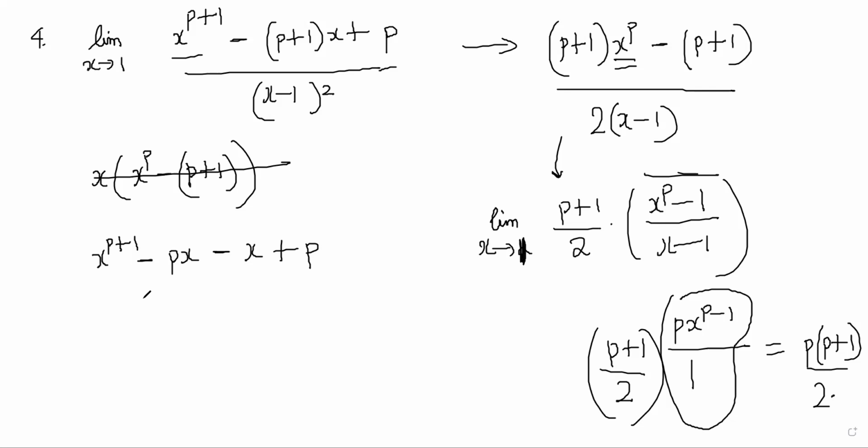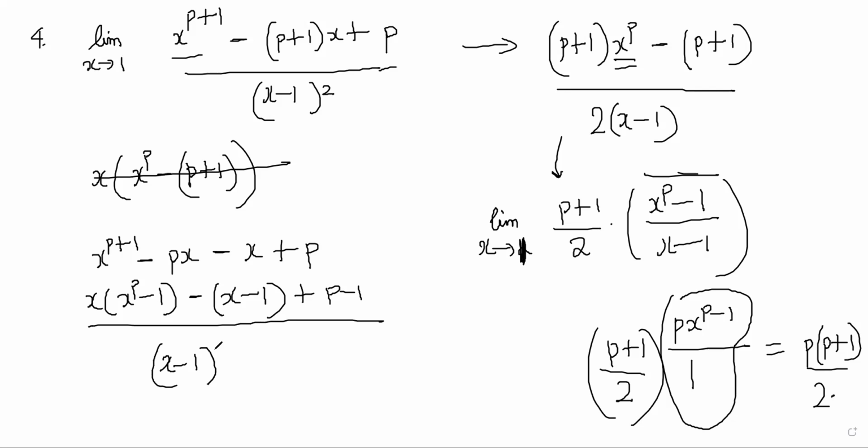So let's do x common here, x^(p-1) minus... x minus 1, and this is minus x plus 1, so I have to do plus p minus 1, right? This is the same thing as the earlier thing, divided by (x minus 1) whole square.